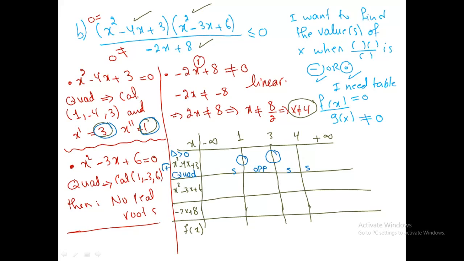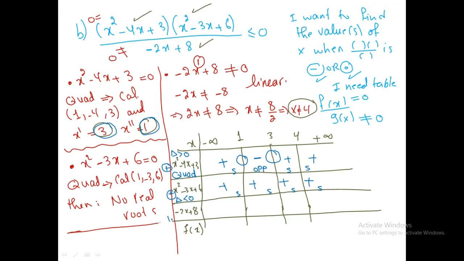Here the sign of a is positive. Opposite is negative and outside the same. The second one has no roots, so delta is less than 0 and the sign is the same as a. A is positive, so it will be positive in all cases.